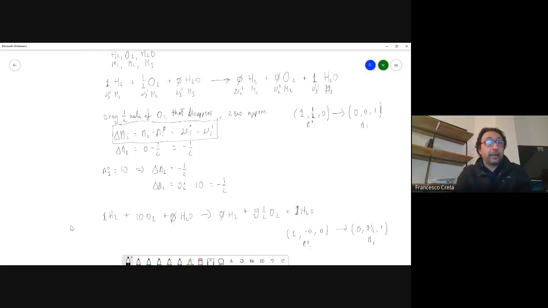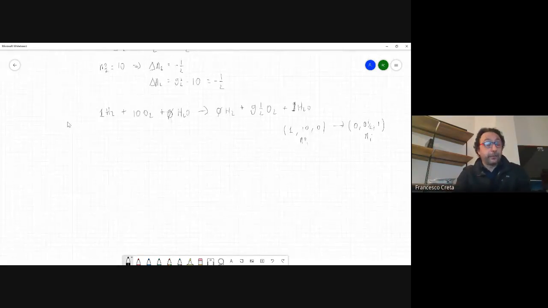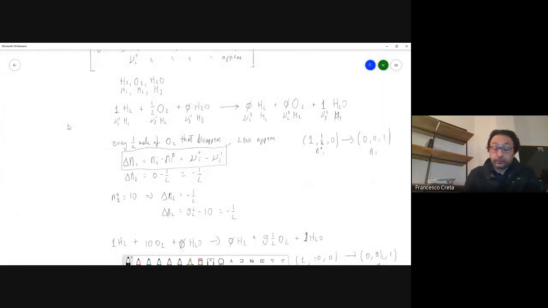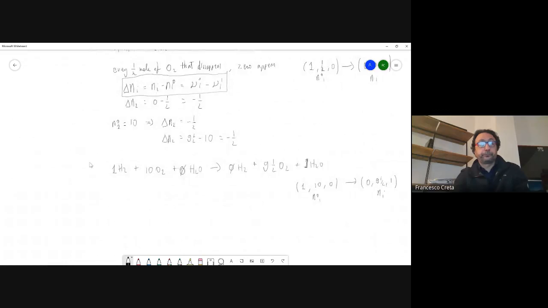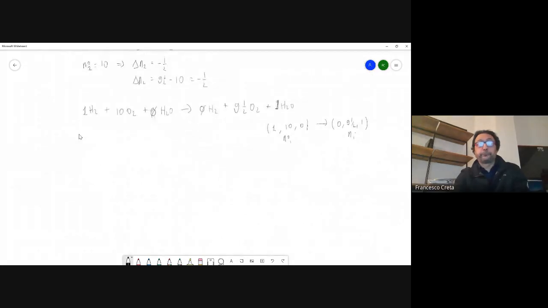Well, but this is not what happens in practical life. In practical situations, you have what we call reversible reactions.